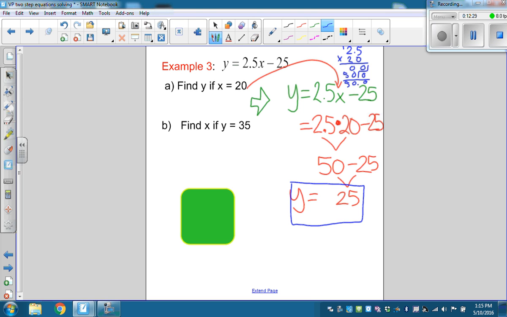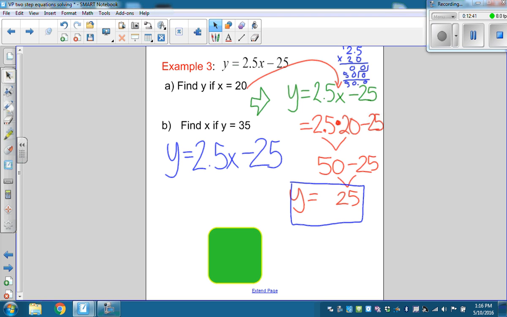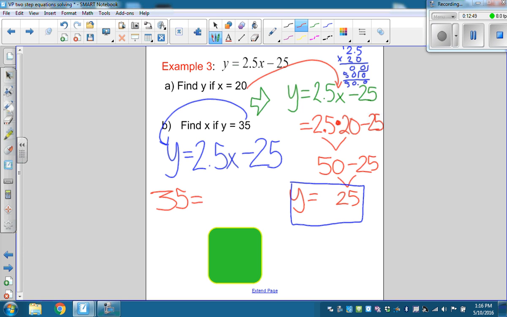For part B, we're going to copy the problem. Y equals 2.5 times x minus 25. We have to solve the problem when y is 35. So I'm going to put 35 over here. 35 equals 2.5x minus 25.